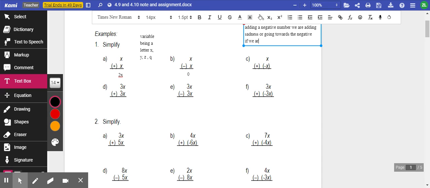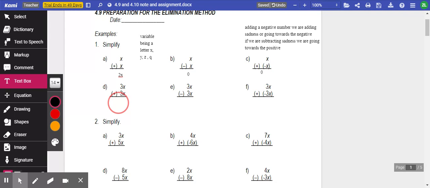If we are subtracting sadness, we are going towards the positive. We're getting rid of it. So in this case here, we've got x plus a negative x. So we are adding sadness, so it's basically we are subtracting x, giving us 0 once again.